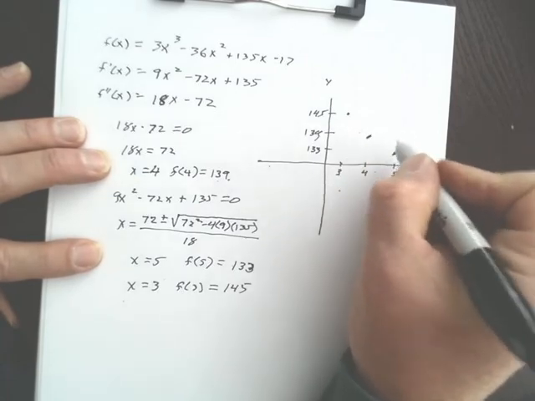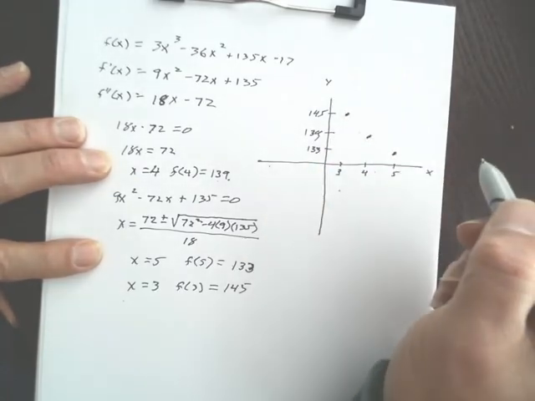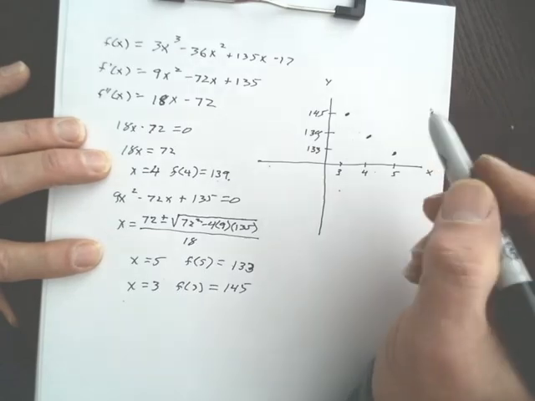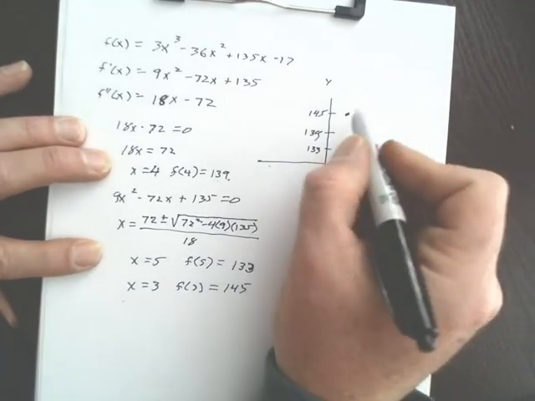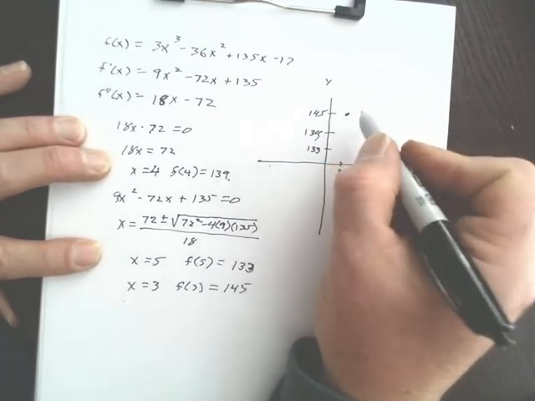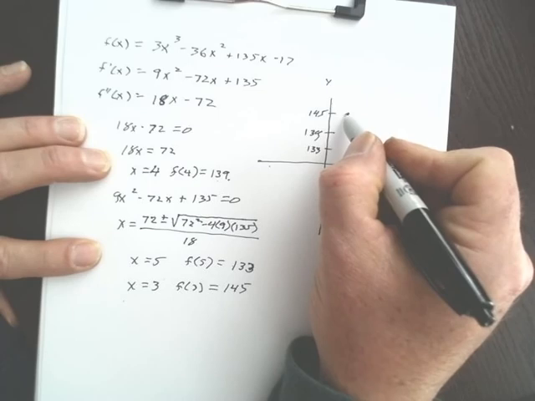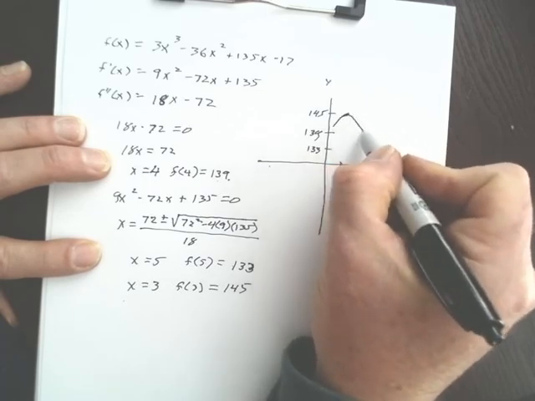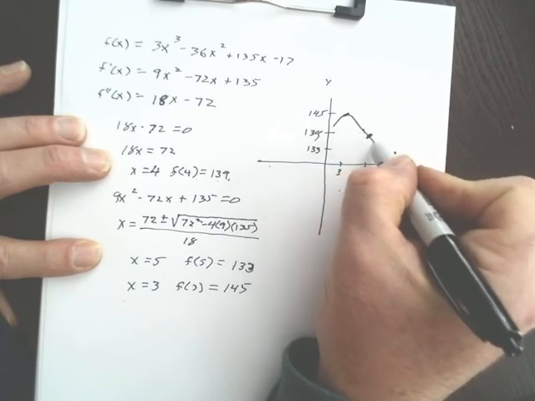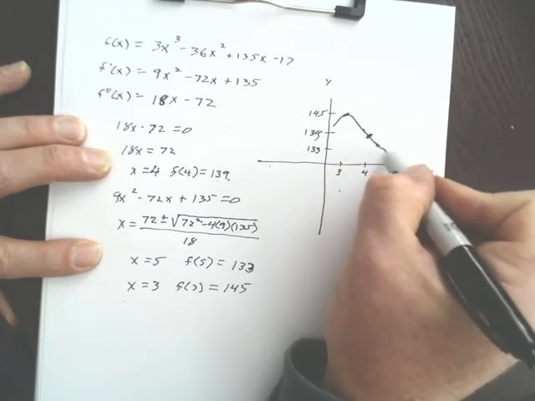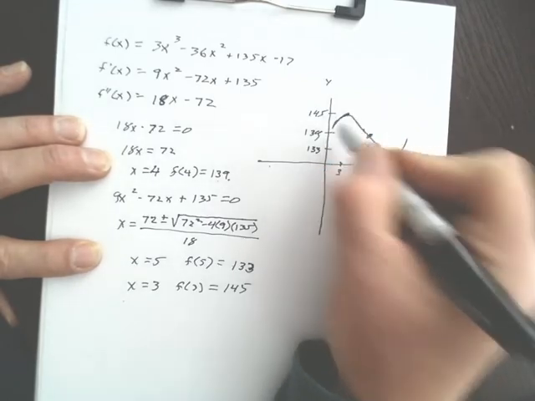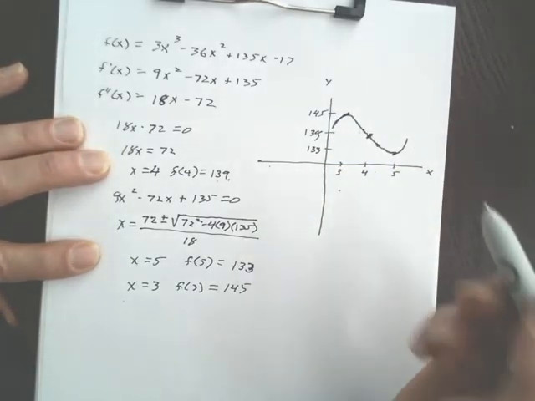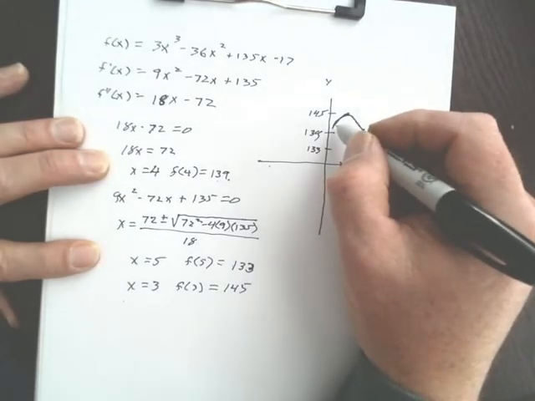Okay, so what do you think this graph looks like? Well, that's our inflection point. So this graph must look like this, right?